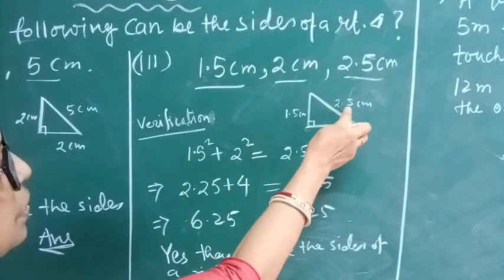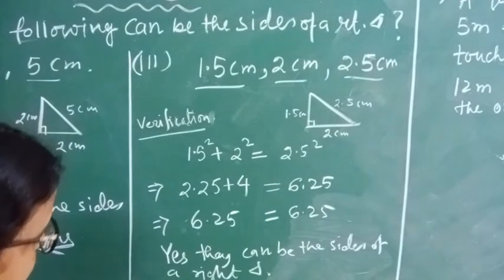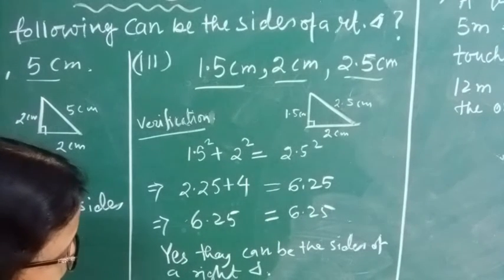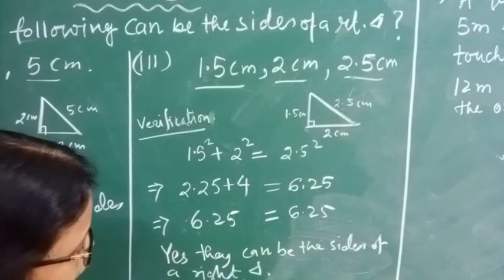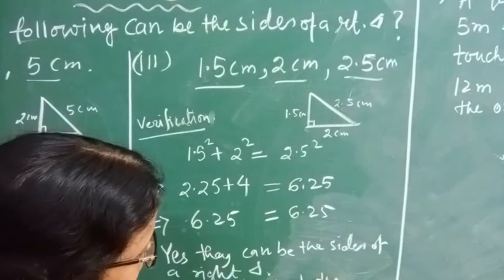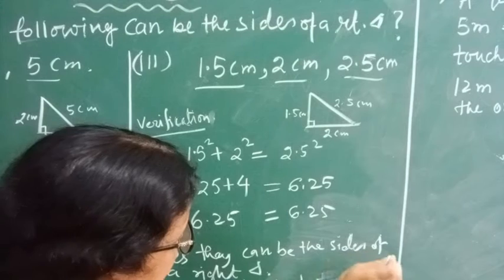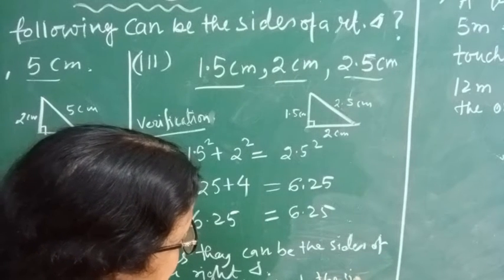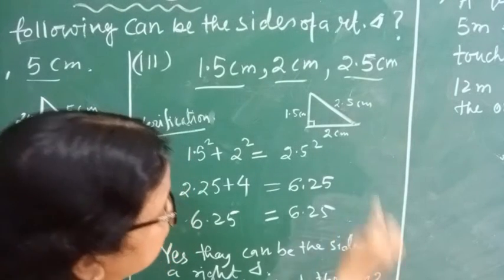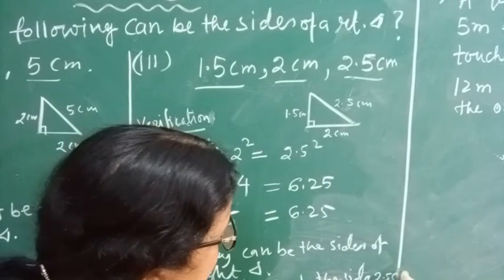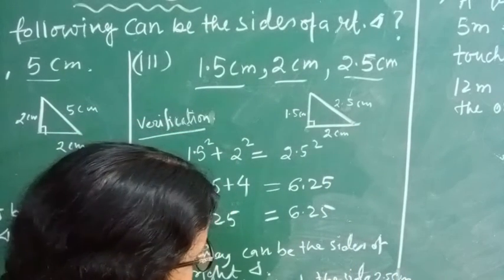The angle opposite to the side 2.5 centimeter will be the right angle.